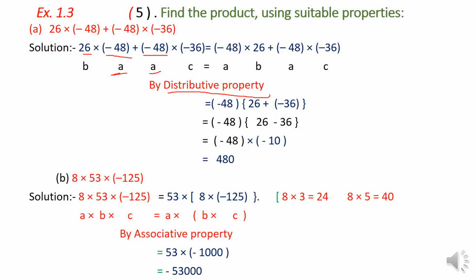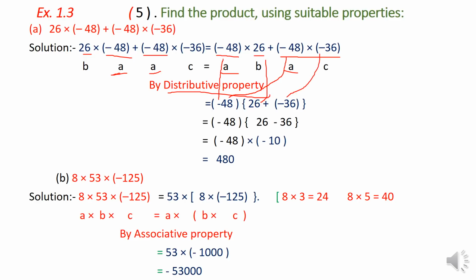But one problem is that after 26 there is minus 48. So what we do in the first step is write this minus 48 earlier, 26 at the second place, and the rest will remain the same. So here minus 48 will become the common term. So, using the distributive property, we will take this minus 48 common outside the bracket. 26 will remain as it is, minus 36 will also remain as it is.